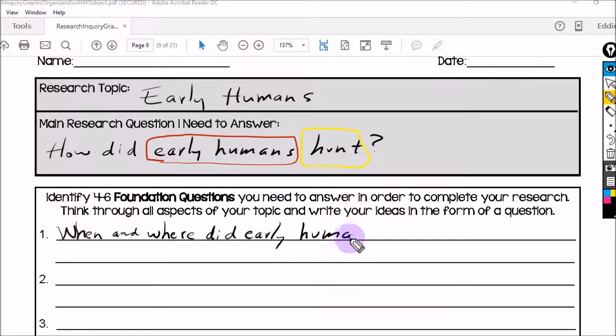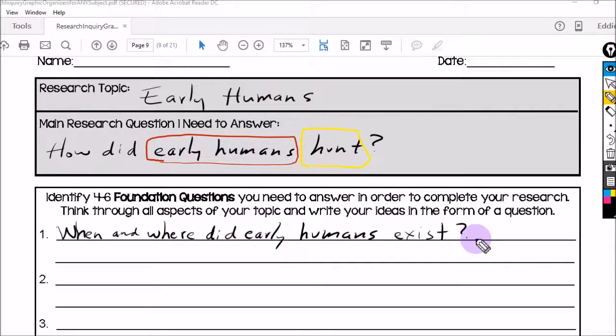I would want to do that because I want to make it clear to my audience who I'm talking about. Because if I just say how did early humans hunt, I could be talking about 10,000 years ago, 2,000 years ago. I mean, early means something different for everybody. So you have to really define your subject for your reader.